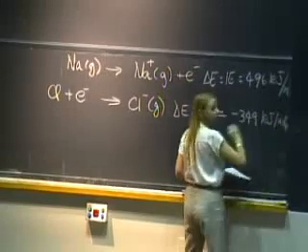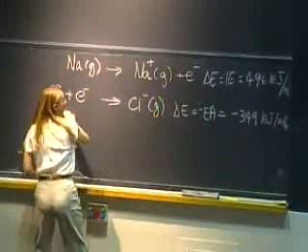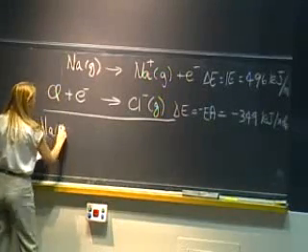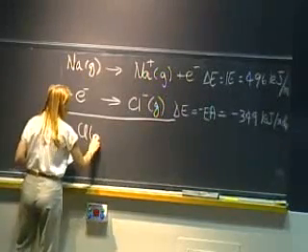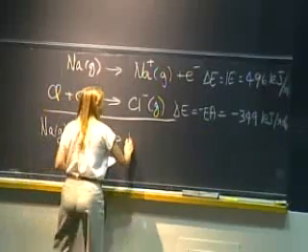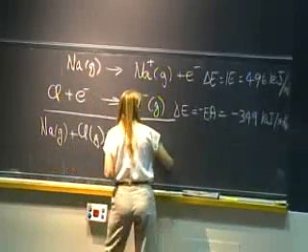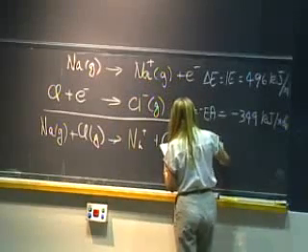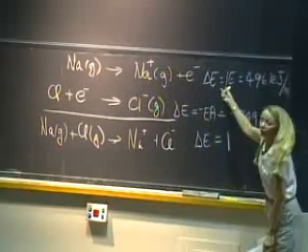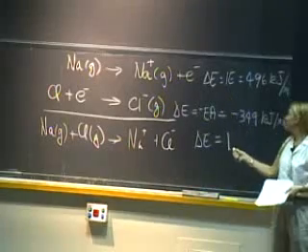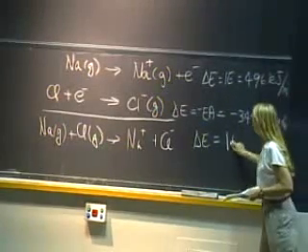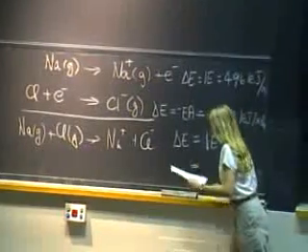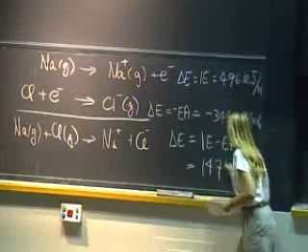All right? So overall, going from a gas phase sodium atom plus a gas phase chlorine atom to a gas phase sodium ion and a gas phase chlorine ion, the overall energy change here, which is now the ionization energy minus the electron affinity, that overall energy change is 147 kilojoules per mole.